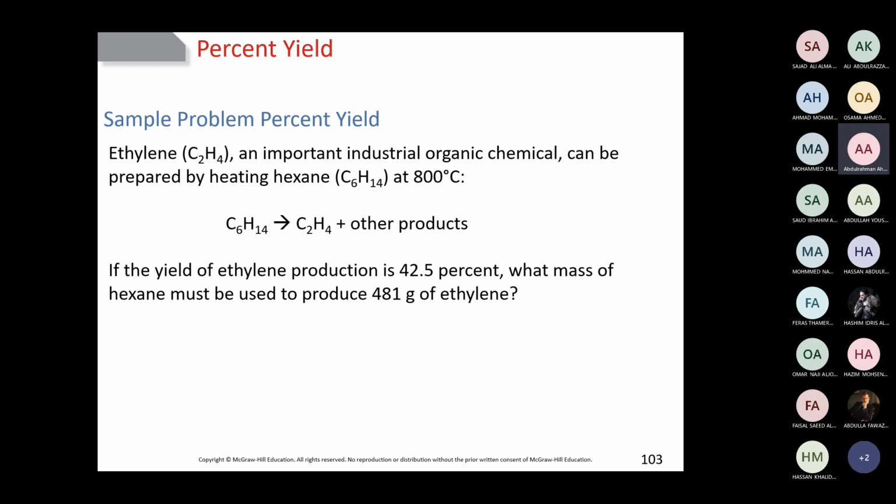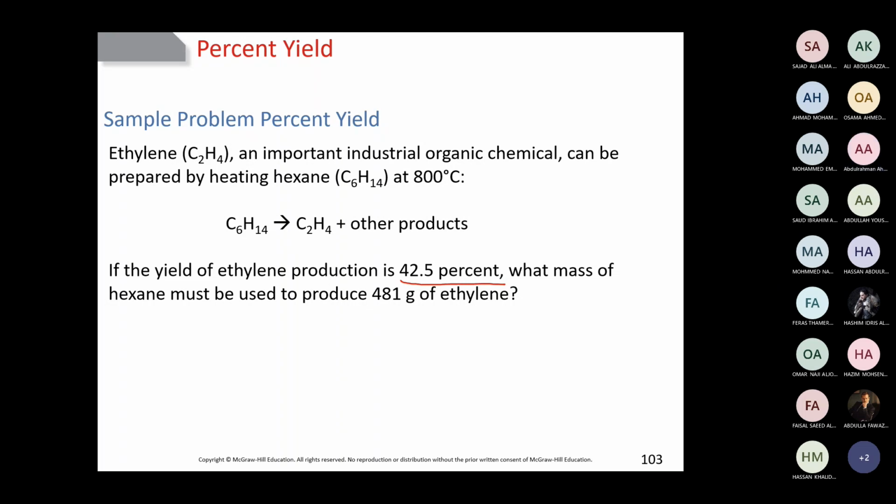Okay, what's given to you here? What's this? The theoretical yield. Oh, read it. 42.5 what? Percent of ethylene. Yeah, but what's the 42.5%? What does it mean?